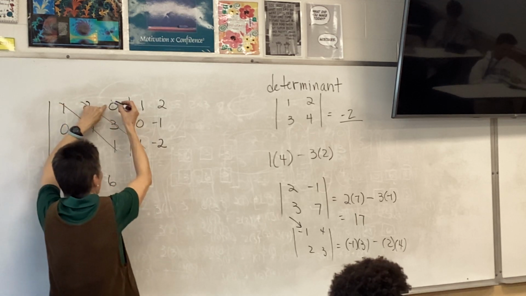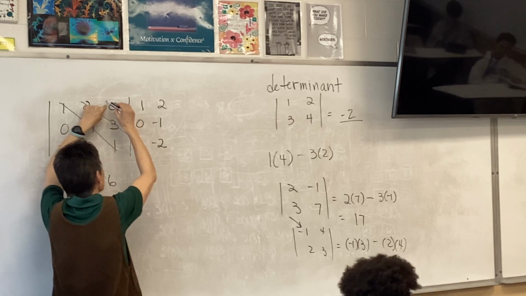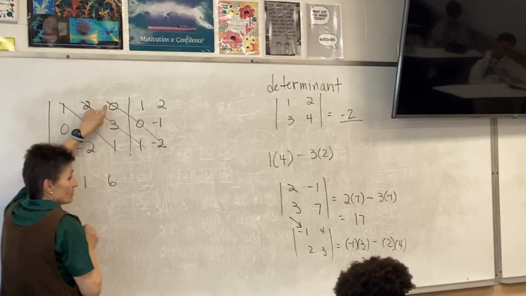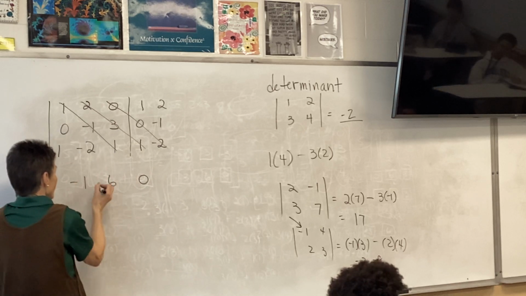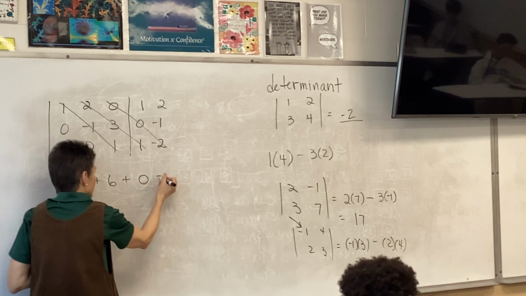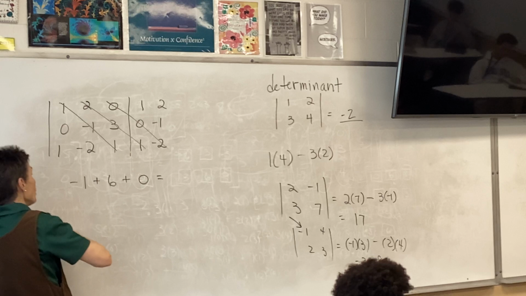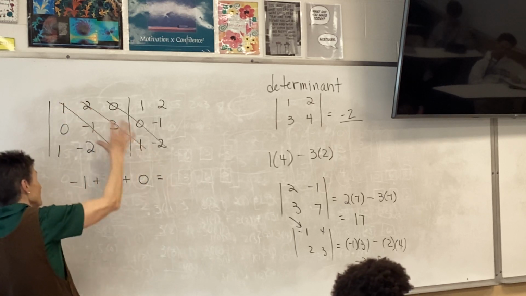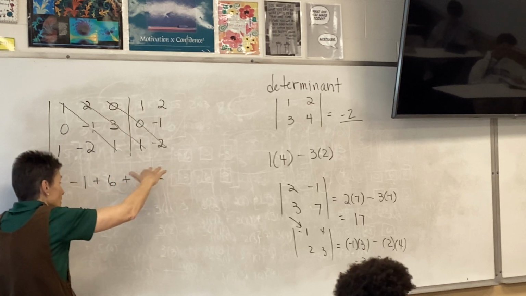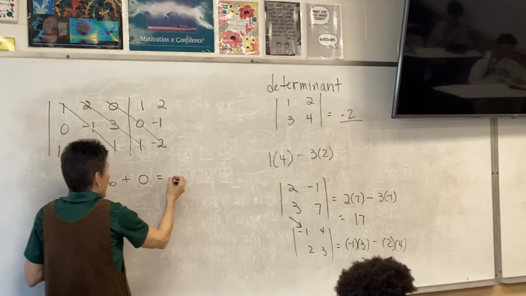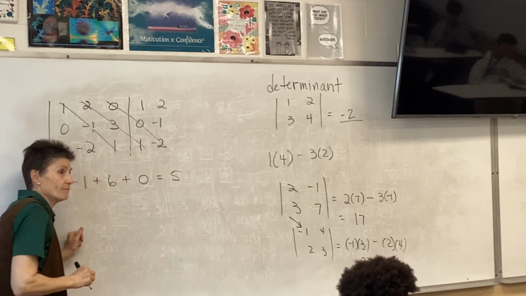And then step over 1 more, this is the last one, multiply these 3 together. 0. Now, total those up. I call them down diagonals because I was going down the matrix. All those add up to 5.